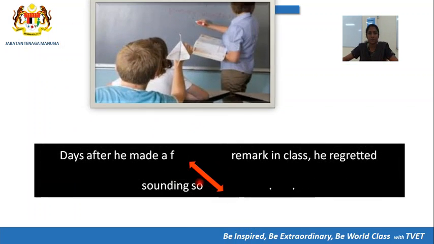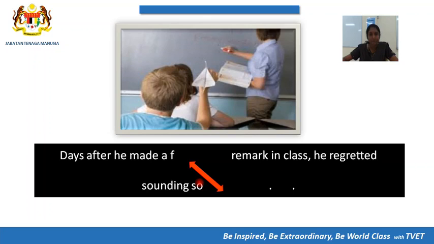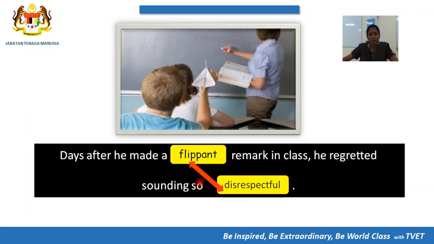Okay, let's look at an example here. We can see a picture of 3 people, and it looks like a classroom environment, right? The teacher is writing on the board, and of the 2 students, this particular student has a paper plate.